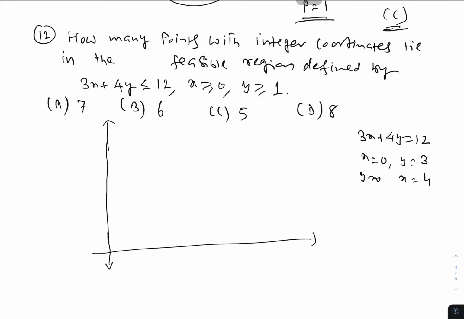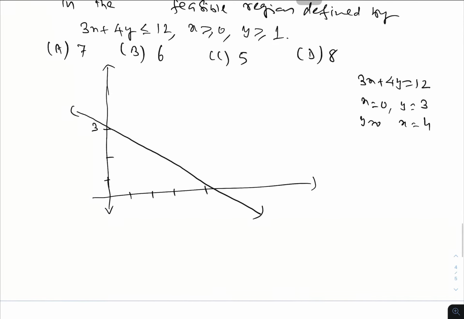So here you are having the line 3x plus 4y equal to 12. Then x greater than or equal to 0 and y greater than or equal to 1, so y equal to 1 is this kind of line.